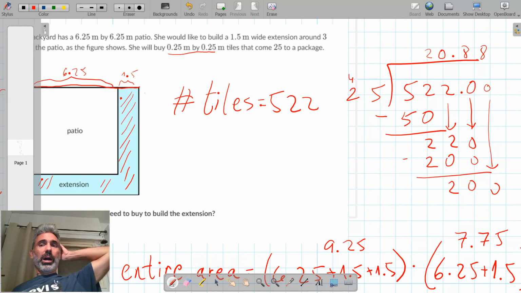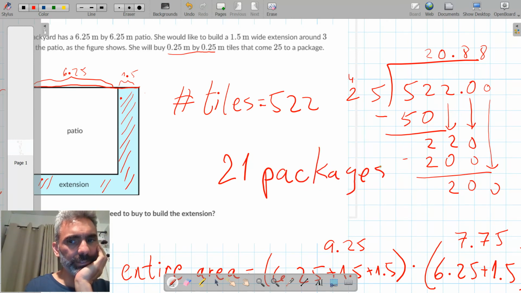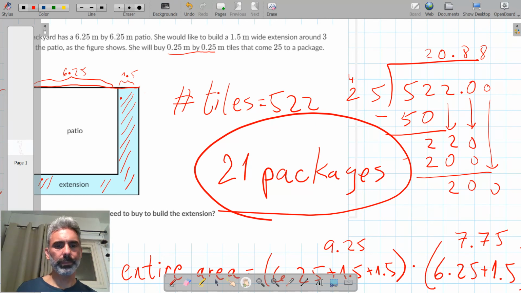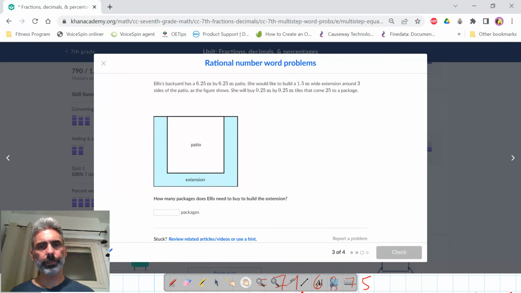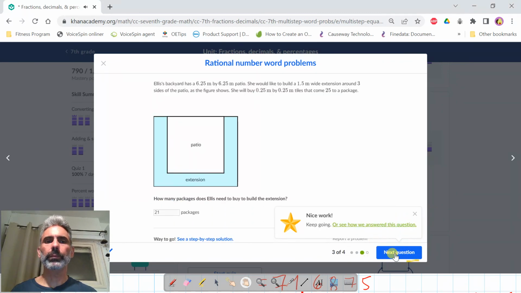So I think I did 21 packages. Okay, let's go with 21 packages. Good.